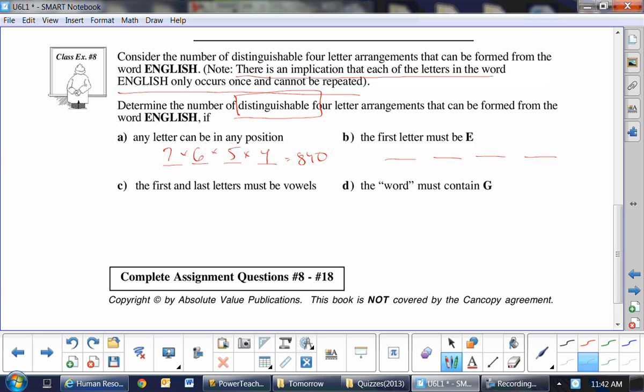Okay, let's do B. The first letter must be E. So how many choices do I have? 1. Okay, how many choices for the next one? 6, 5, and 4. And that works out to be 120. Do you see how drastically the chances go down if someone gives you just a little piece of information?